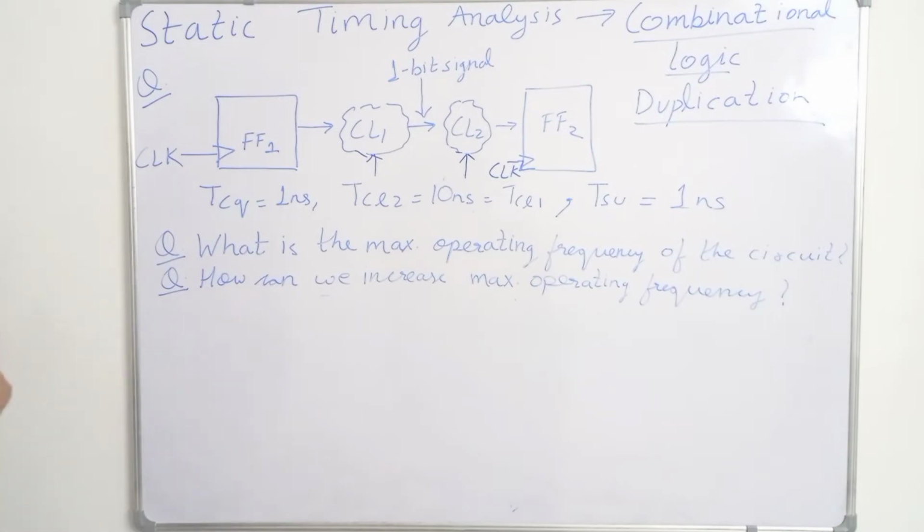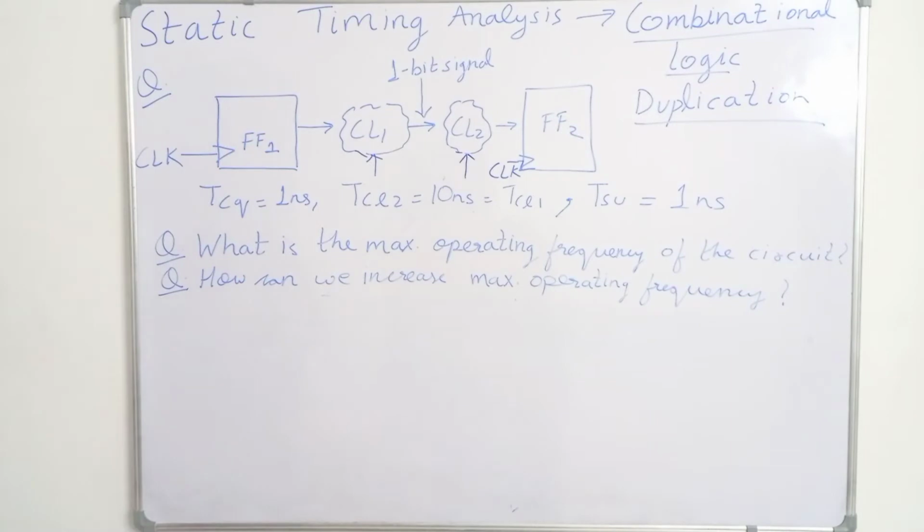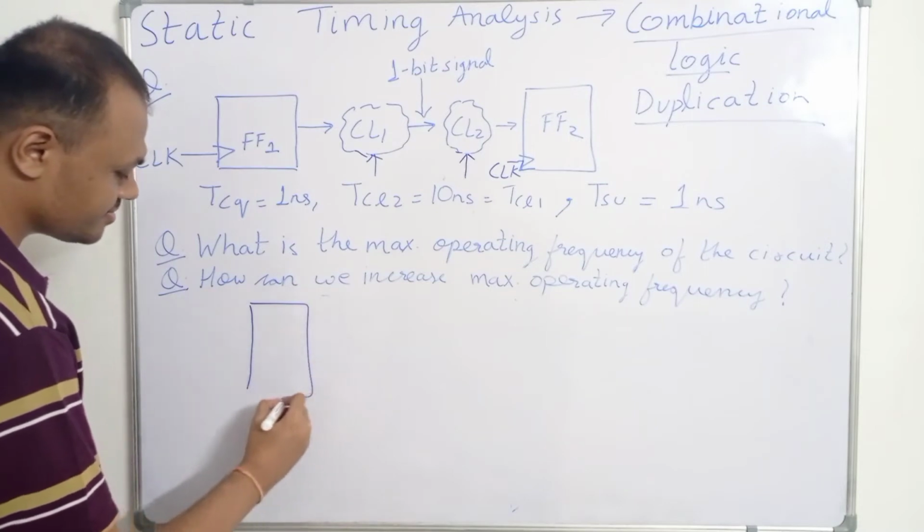So they are processing one by one. We can also process them simultaneously. We can make combination logic 1 and combination logic 2 work in parallel. To make them work in parallel, we can design the circuit like this.